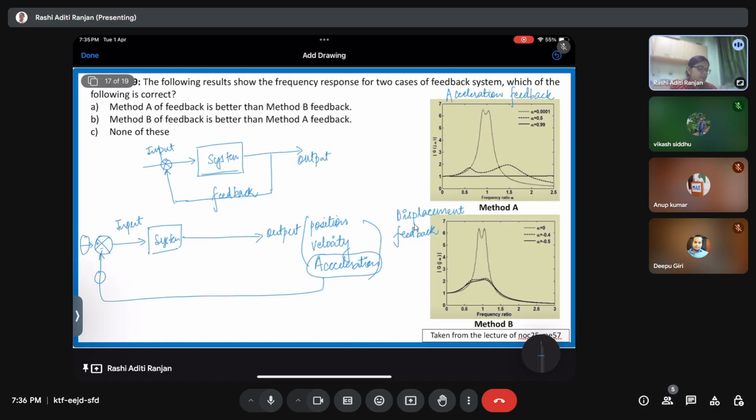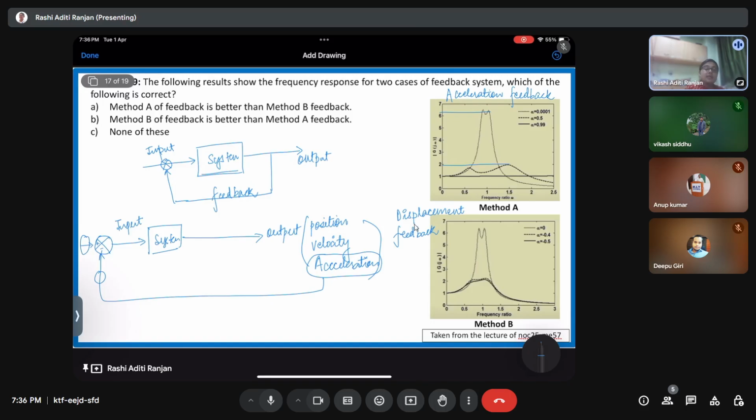So for the first case, if you see, I have a parameter alpha, okay, which I'm changing. Now you can see for alpha very small, the amplitude is high. It is of significant value. But as soon as I increase my value of alpha to 0.5, this reduces. The amplitude reduces. How much? Almost 3 times it reduces, right?